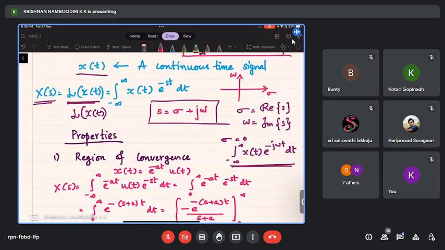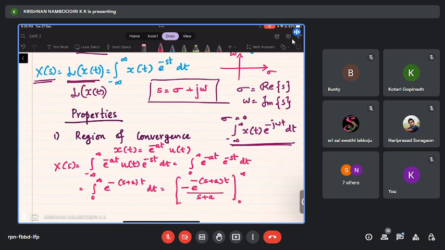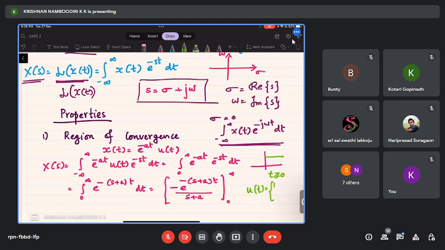First of all, we will see an example and we will see how it is very important. Okay. So consider an exponential signal which is equal to e power minus at but truncated with u of t. u of t is the unit step function, which is equal to 1 when t is greater than or equal to 0 and 0 elsewhere.